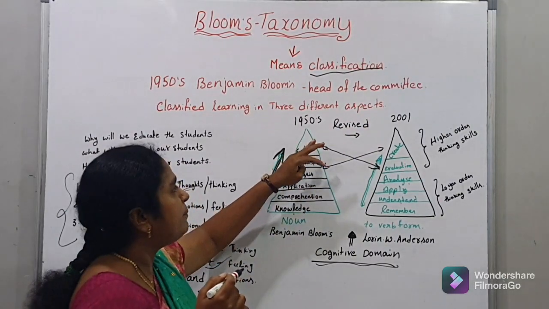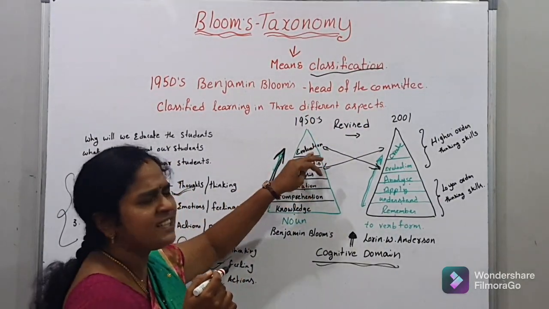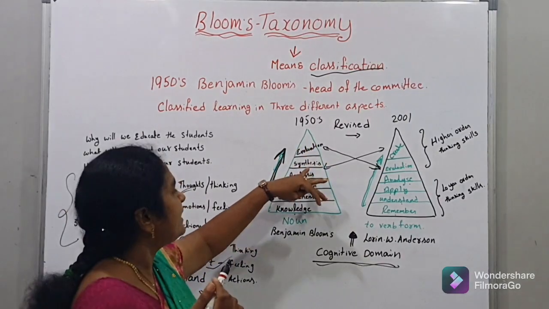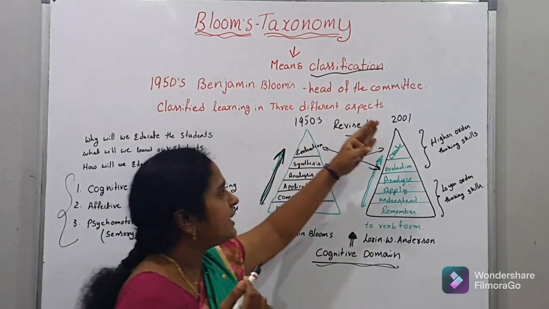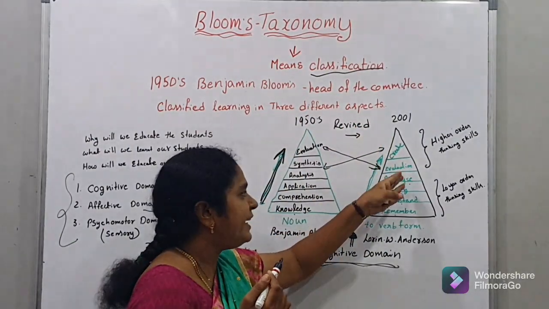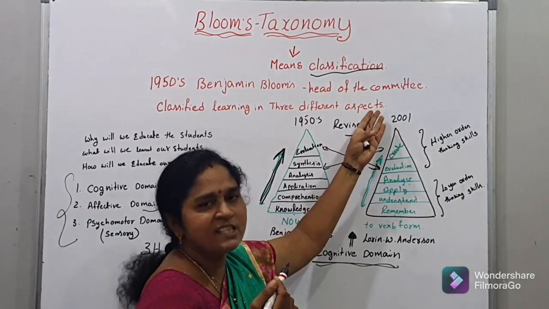In 1950s Bloom's taxonomy, synthesis, which also means create, is down and evaluation is up. But in 2001, evaluation is down and create is up.